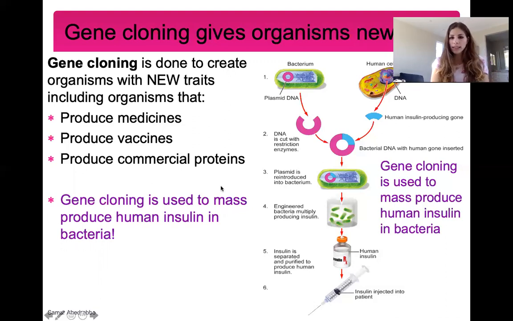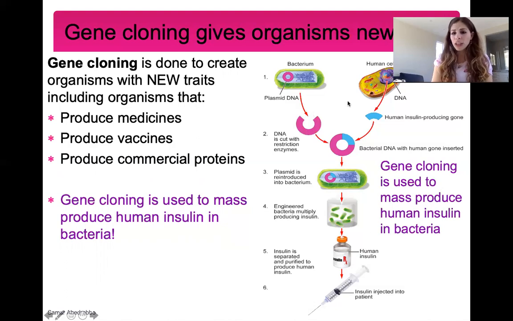So gene cloning is very useful, and you can get your organisms to glow. You can insert a gene that makes organisms glow, and a lot of times people do this to study infection. So if you have bacteria and you want to study where it's infecting, you could insert a gene that gives it the ability to glow, and you could trace it.